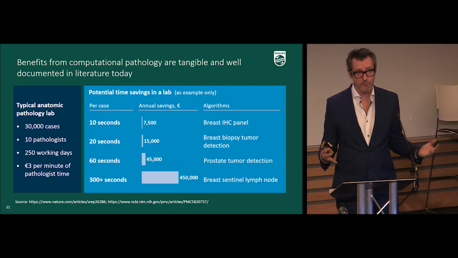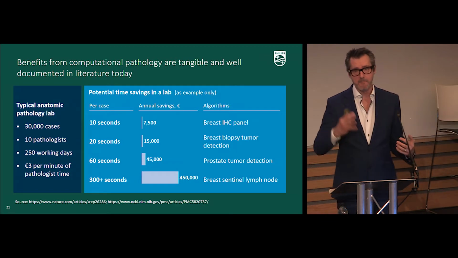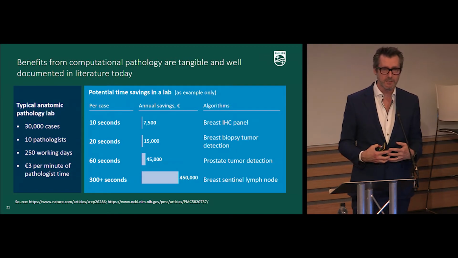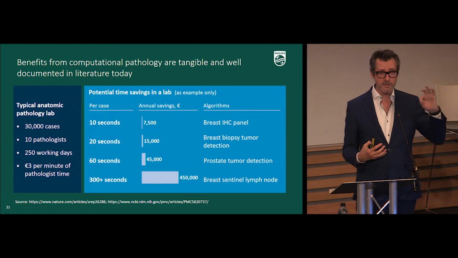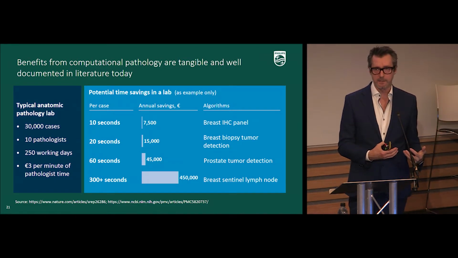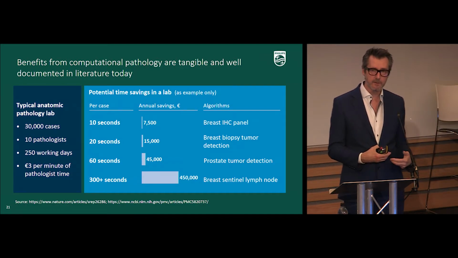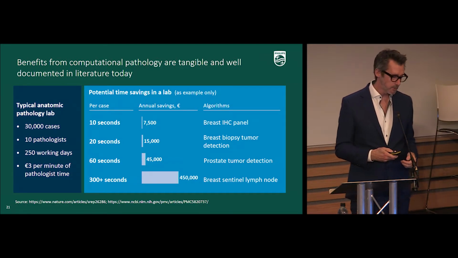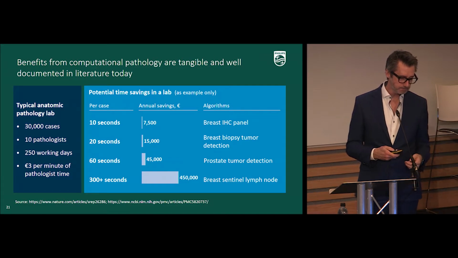For pathologists in the room who have sat looking through many slides of breast lymph nodes, looking for that very small island of tumor cells, you'll appreciate the real advantage this can bring in terms of time savings, which translates into cost.